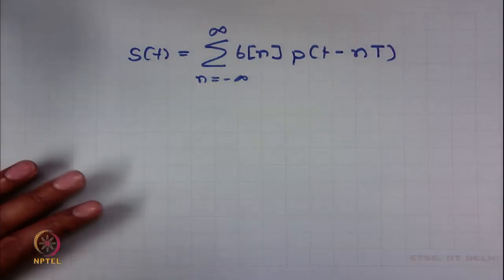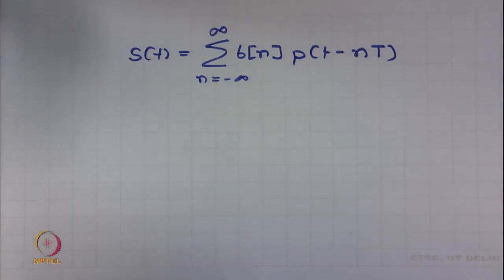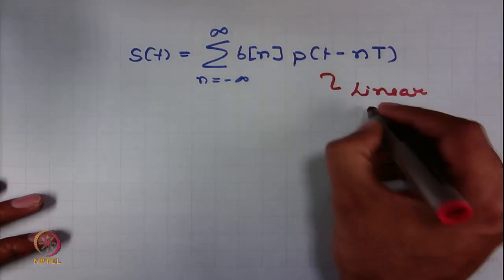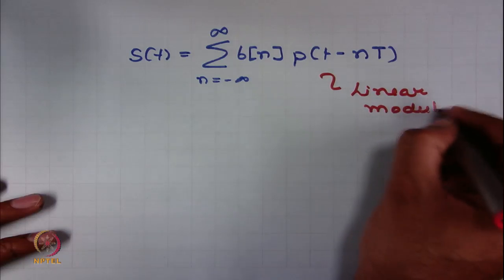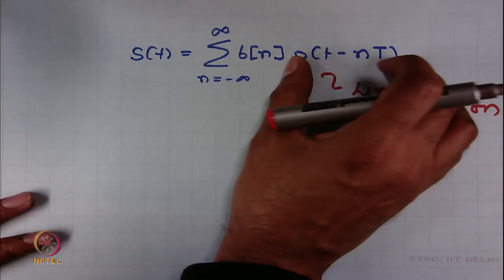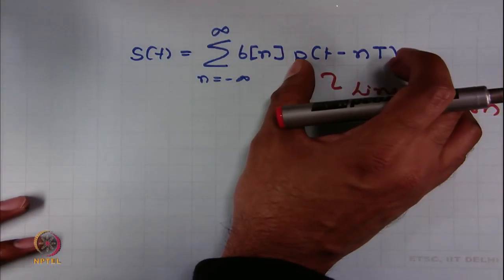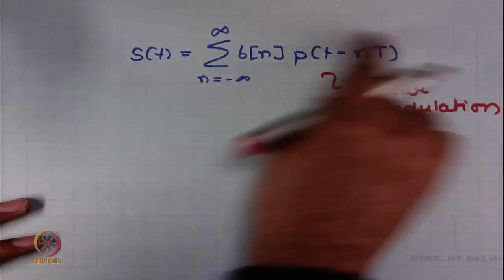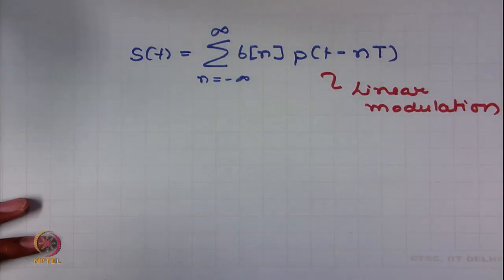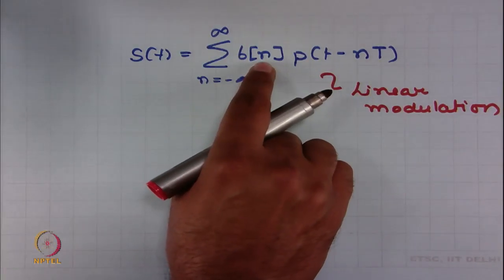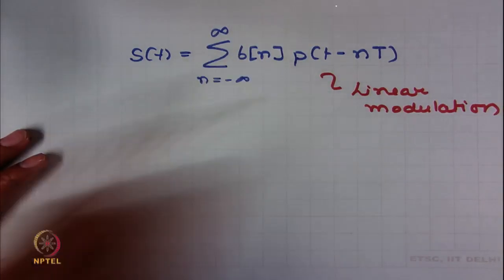Now, if you see this equation, this is an example of what we call linear modulation. Linear modulation means that the pulse that you are using is common, so all numbers are modulated using the same pulse. In fact, we are just concentrating on real numbers, but this can be complex as well. So, this b_n can be complex.